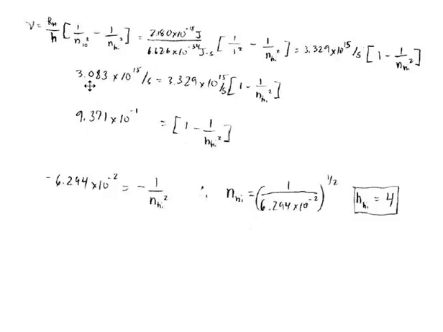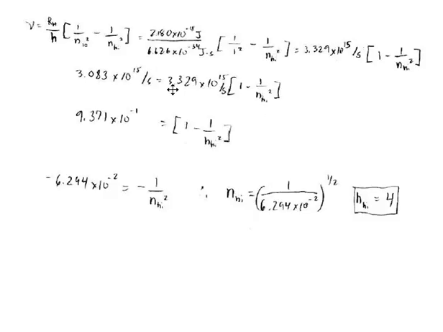So you know that the frequency, from the previous slide, 3.083 times 10 to the 15th per second, is equal to the simplification on the right side of this equation, where only 1 over n high squared is unknown.